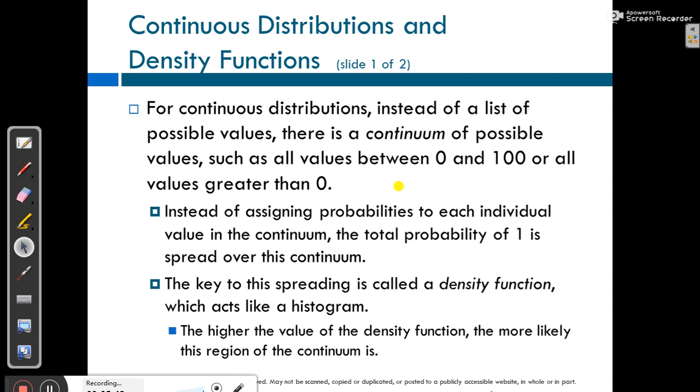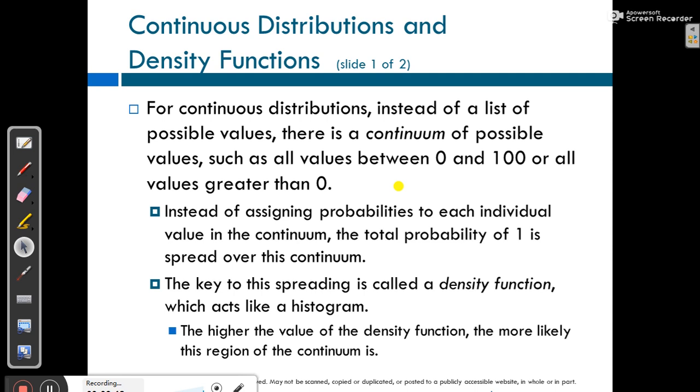Normal distribution is a continuous distribution, and that is why we create the values in a range or category, but the values will be continuous. Such as all values between 0 and 100 or all values greater than 0. That specifies a range, but any value can be inside or outside that range.